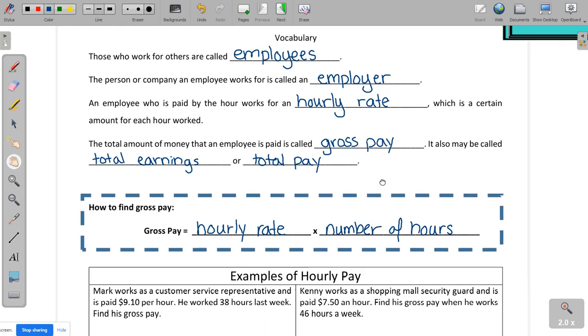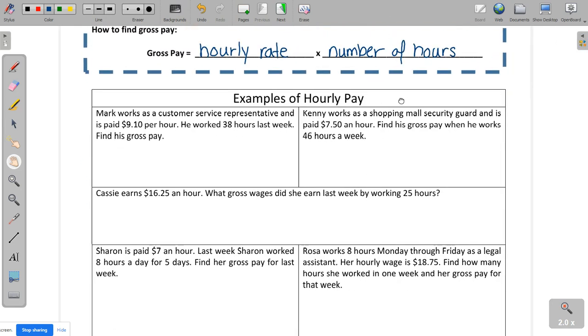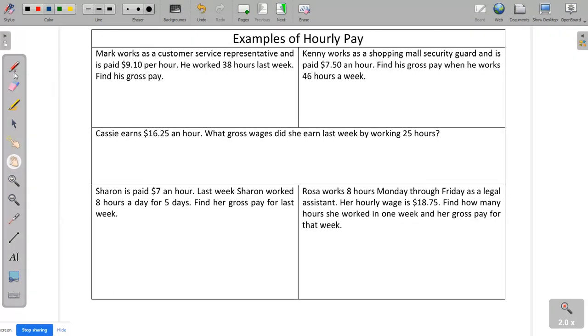So now let's look at some examples. Mark works as a customer service representative and is paid $9.10 per hour. He worked 38 hours last week, and we have to find his gross pay. So we are going to take the amount of money he's paid per hour, $9.10, and multiply it by the number of hours he worked, which is 38.